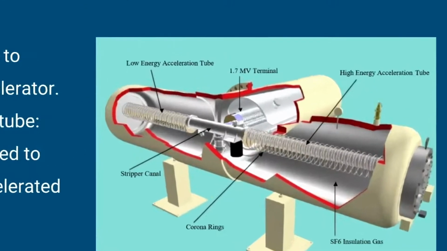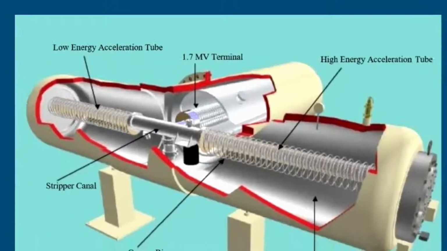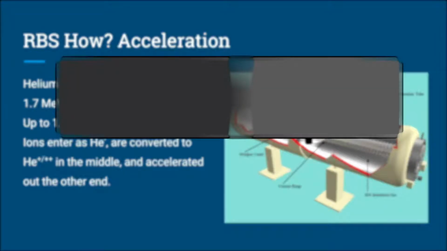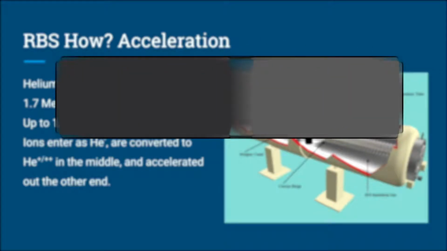The solid insulation in the Tandetron consists of the glass insulators in the acceleration tubes. Vacuum insulation is used inside the acceleration tubes and in the high-energy extension of the Tandetron. When vacuum is electrically stressed, the materials in the vacuum chamber undergo a process called conditioning.